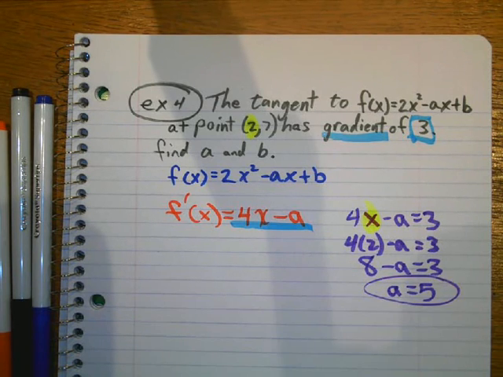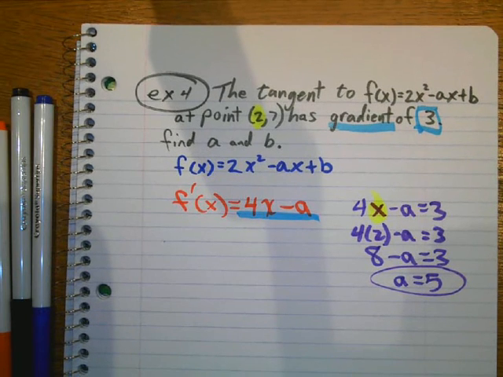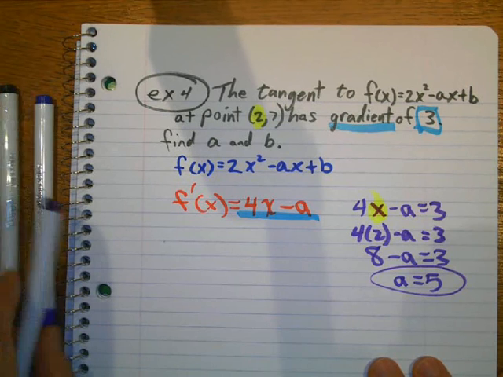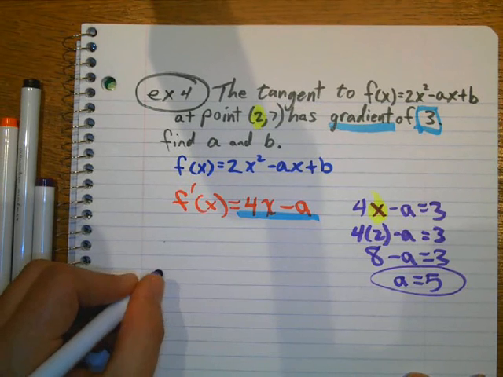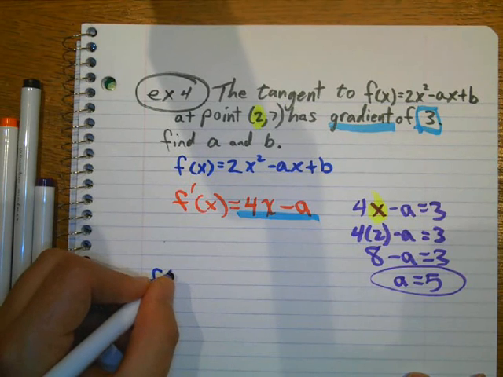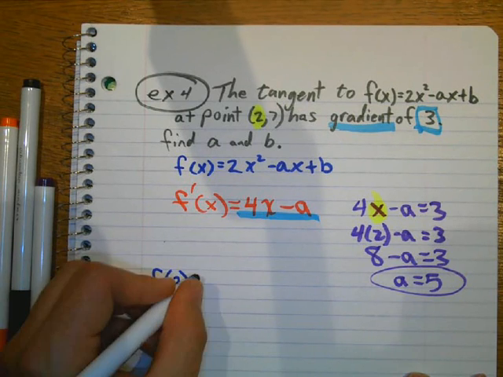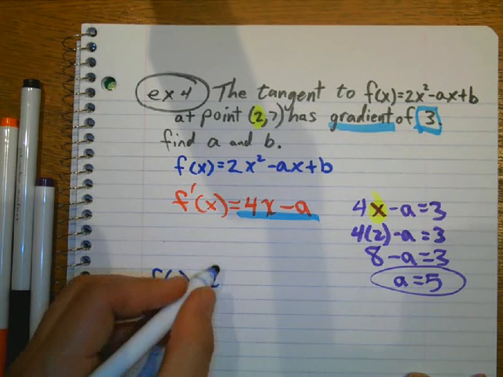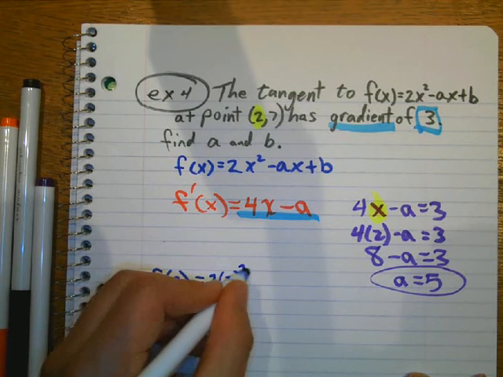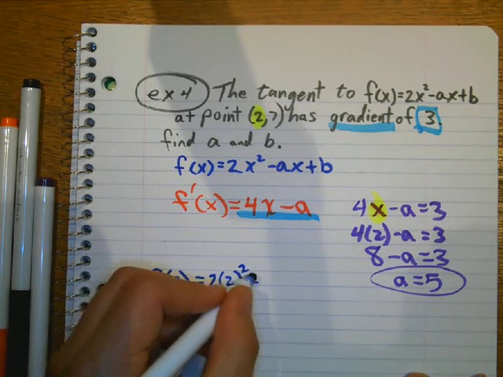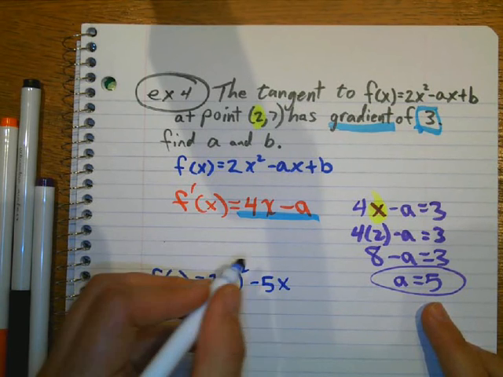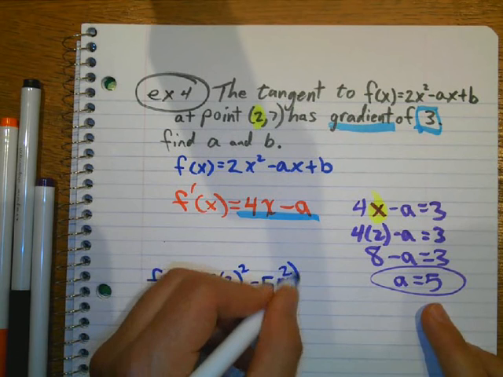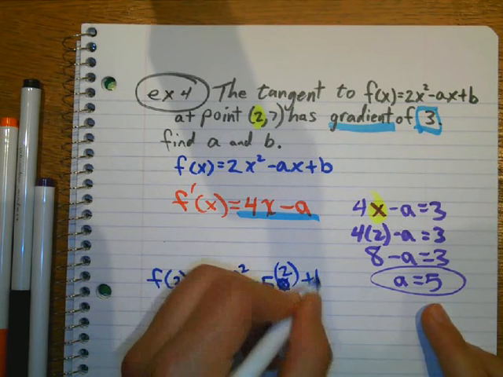Okay. Now that I know that a equals 5, when x equals 2, I can go back to my original function. Let's just write this. F of 2 equals 2 times 2 squared minus a, which we know is 5, times 2, plus b.